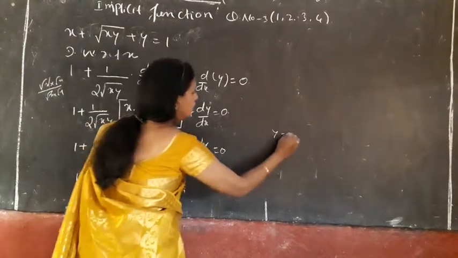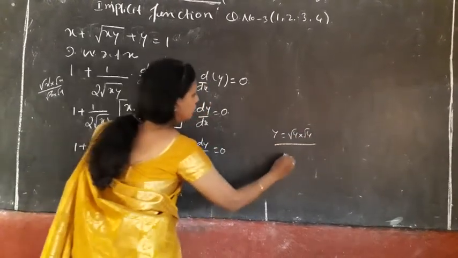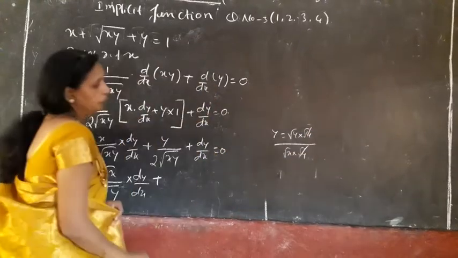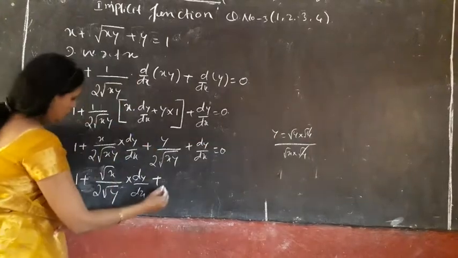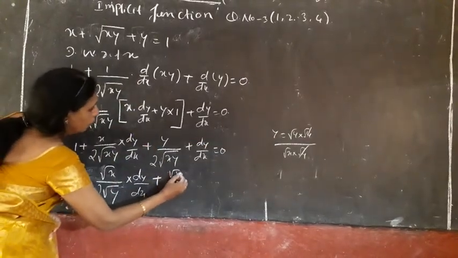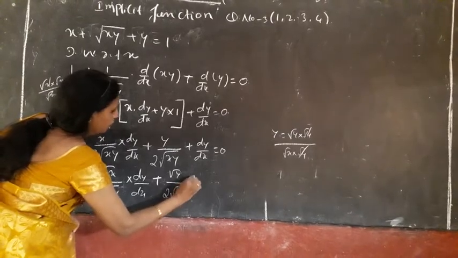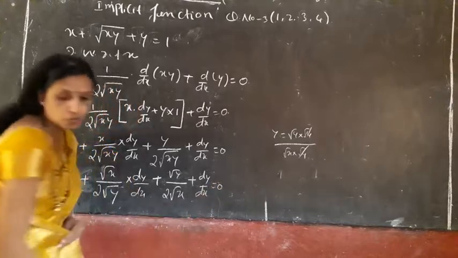here the denominator is y, we can write root y into root y, and the denominator is root x into root y. So one root y gets cancelled, here we get root y divided by 2 root x plus dy upon dx equal to 0.